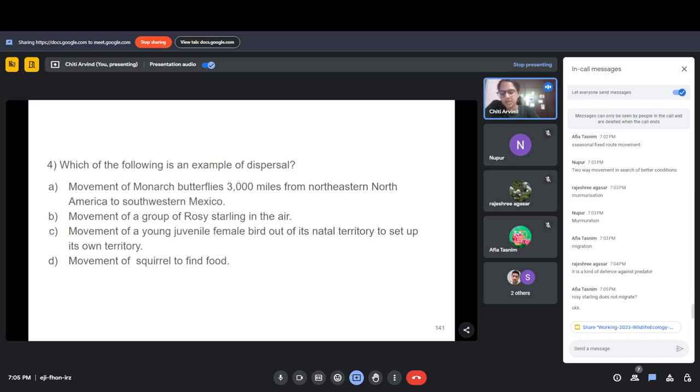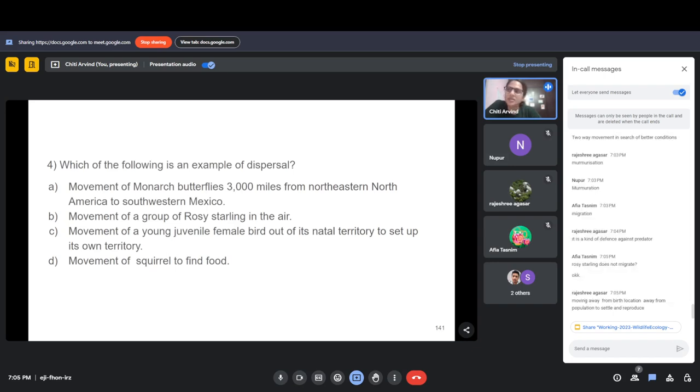Right. So, can someone tell me about dispersal in terms of movement from natal territory? In birds, especially passeriforms, as an order, which of the two disperse more? Yeah, you're correct, Rajshri. They move away from their birth location and away from a population to settle and reproduce.